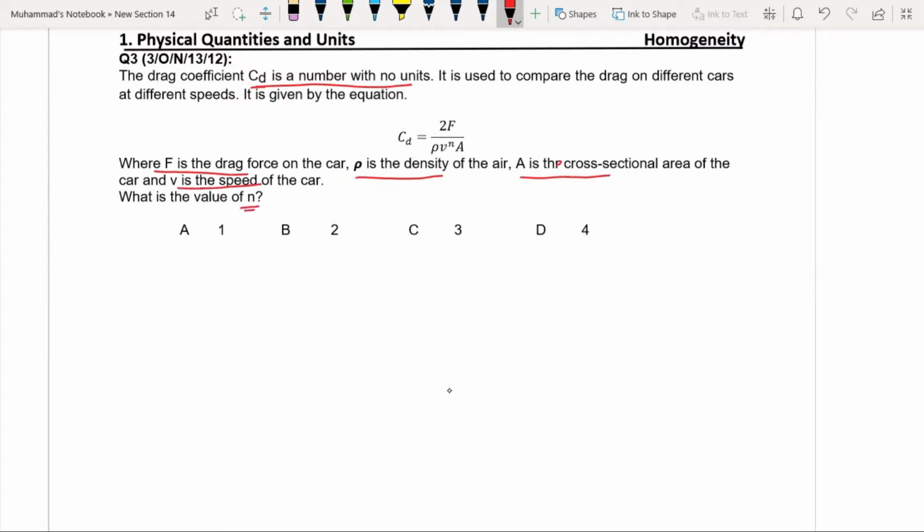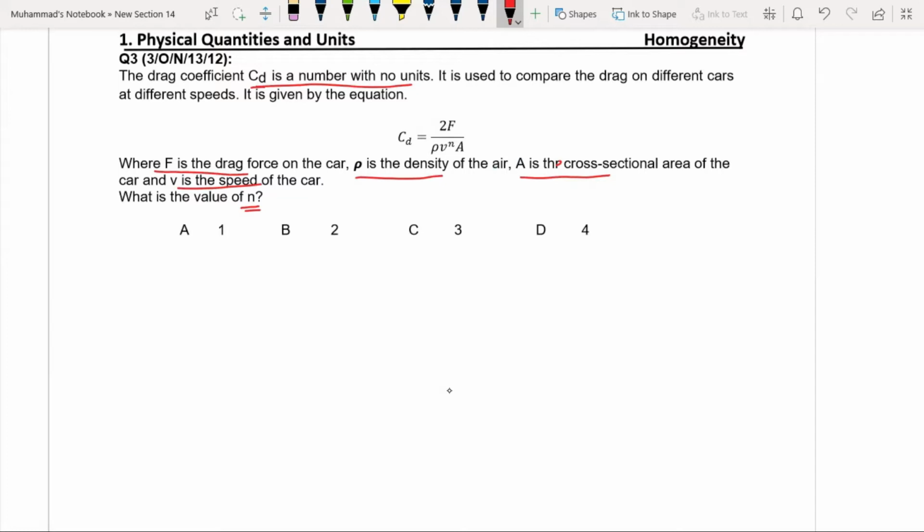We have to find the value of n. If you face this question in the exam, the basic idea will remain the same: put SI base units of all given quantities, and then compare powers. You should try it by yourself, you can stop this video and solve it first.